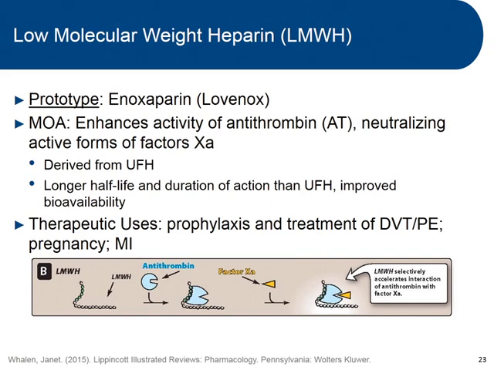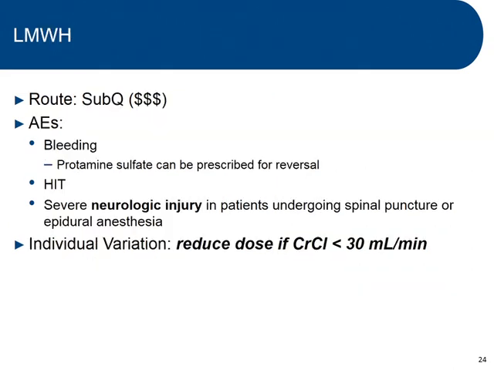Now, like I said, this is much more detailed than what I want you to know. But like I've said to you guys before, I like pictures, it helps me remember things. So that's why I went through the diagram and how low molecular weight heparin works in relation to your unfractionated heparin.